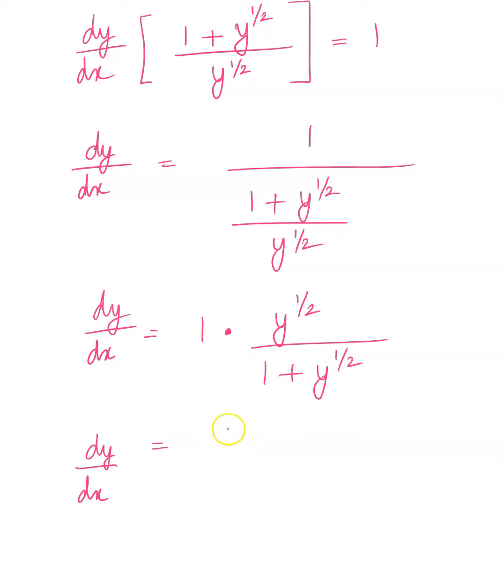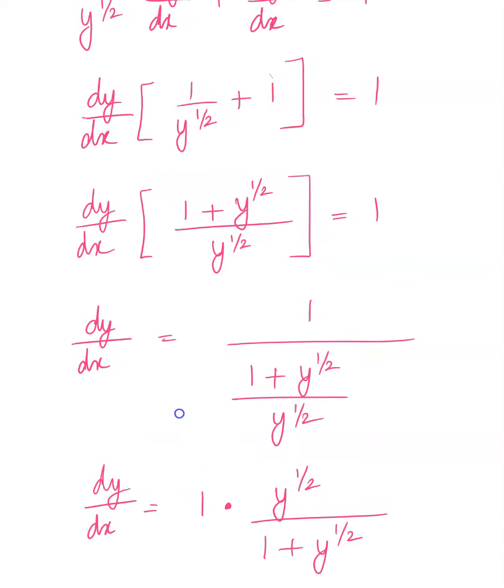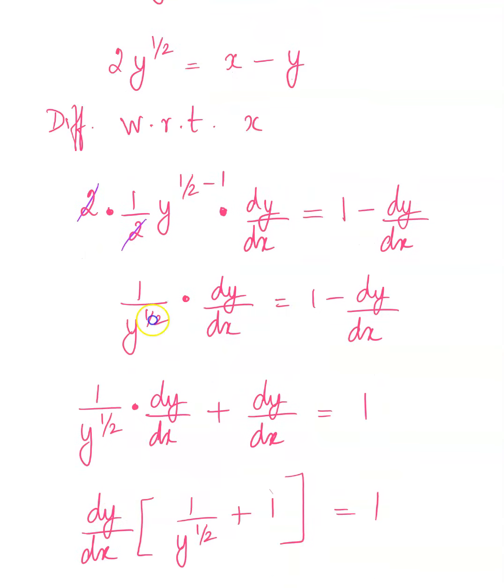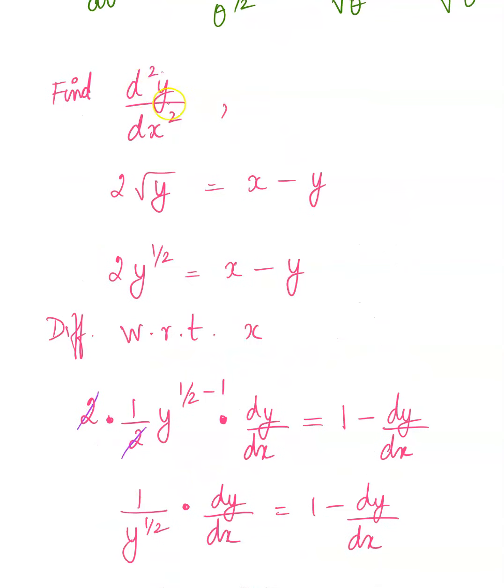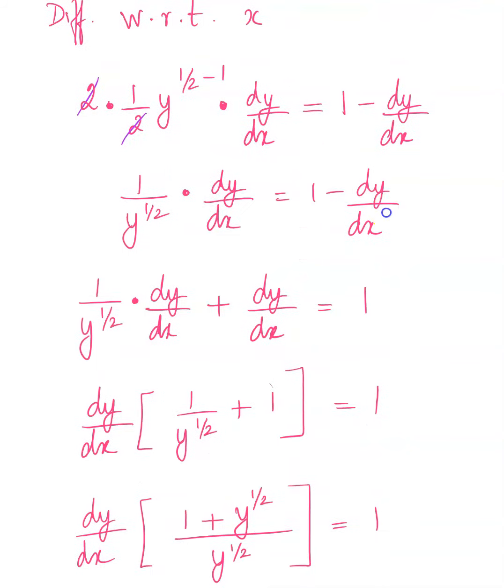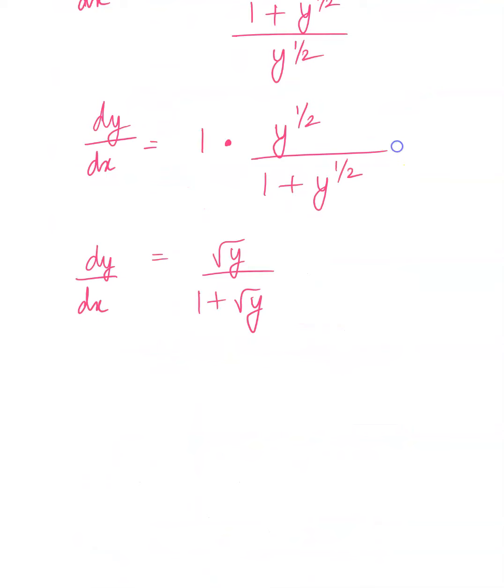So, you know, I can at this point do this, right? If this was the last step. But if you come back to the question, it said find d squared y over dx squared, which means we're not done. We've only found the first derivative. We need to find the second derivative.